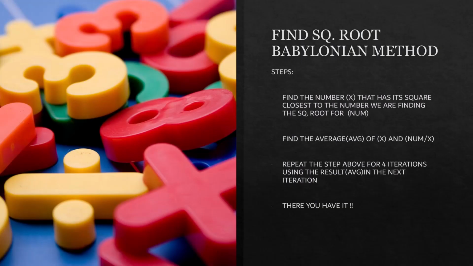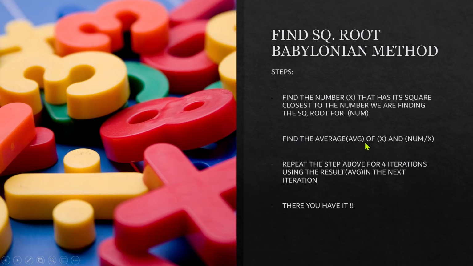So these are the steps to finding the square root using the Babylonian method. First, we find a number, meaning we look for a number, so we have a loop here, which has its square closest to the number we are finding the square root for. Okay, so we are looking for x, and of course the number we're finding the square root for is num, assuming, right?